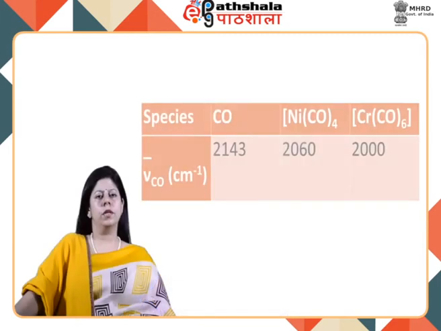You can see from the table, the greater the extent of M-C-O pi bonding, the greater will be the electron density transferred from the metal d orbital of the central metal to the vacant antibonding pi star molecular orbital of the CO molecule.